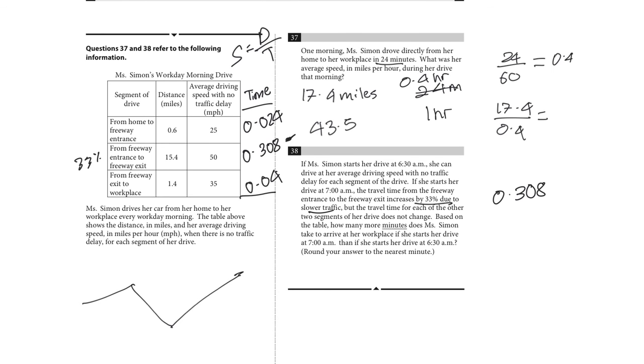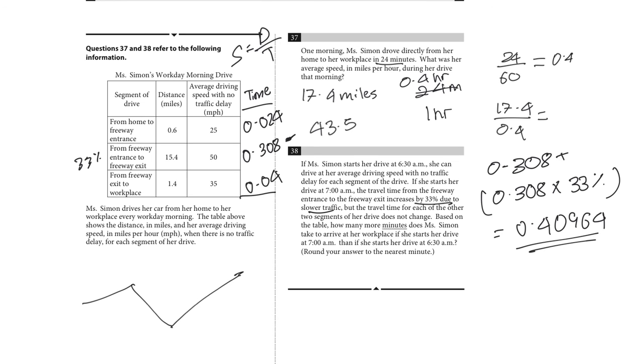So 0.308 times 33% gives that much more, and this minus 0.308 would be 0.10164.